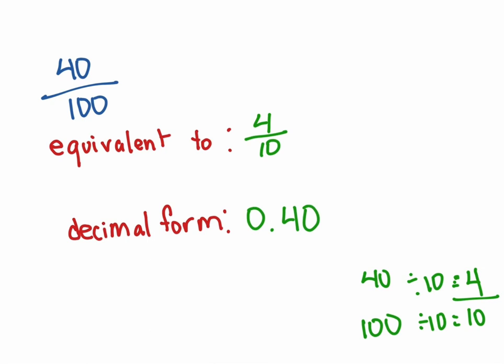Now, most of the time in decimals, you can only write hundredths or tenths. So right now, we're doing hundredths. So this would be the example of hundredths in decimal form.